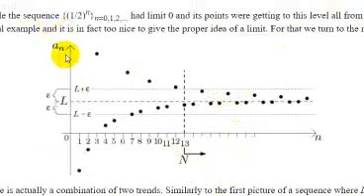If you have a convergent sequence like this, then for any positive epsilon, you can find an index, uppercase N, so that all terms after that index are within that ribbon.